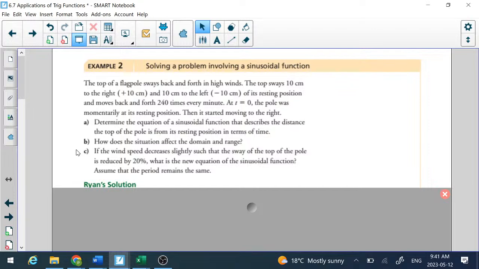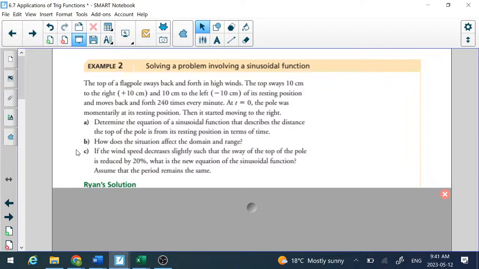Come on, guys. Flagpole. What's the max? 10. What's the min? Minus 10. So when you're drawing a sketch, and you know your max goes as high as a certain value and as low as another value, and they're basically equidistant, then you locate your x-axis in the middle. Sometimes your x-axis will be up here, sometimes it'll be down there. Okay, so there's our flagpole question.